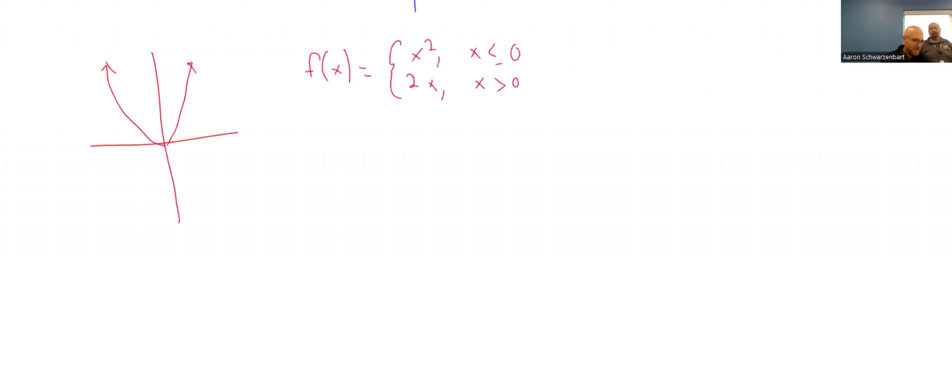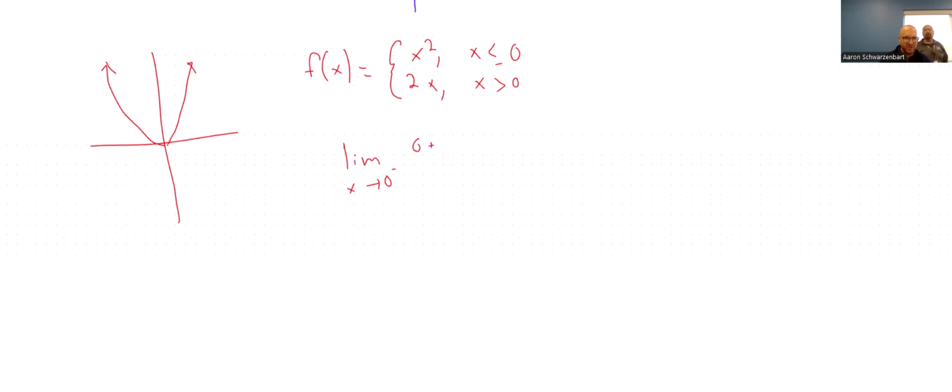Okay, so if I look at the derivative at 0, limit as x approaches 0 from the left of 0 plus, so now I'm using this one.